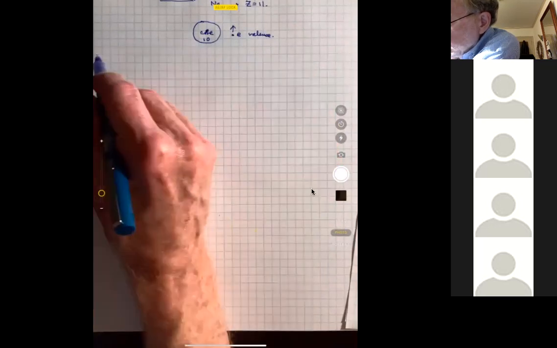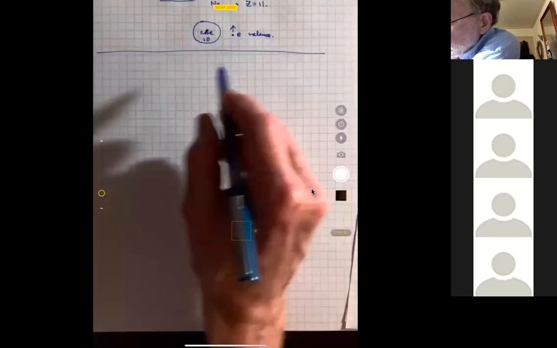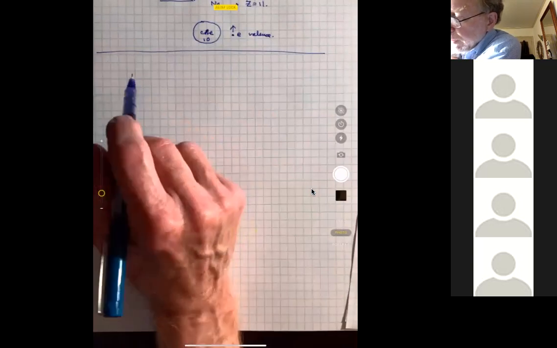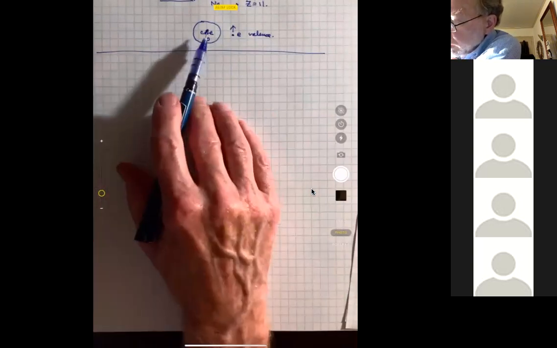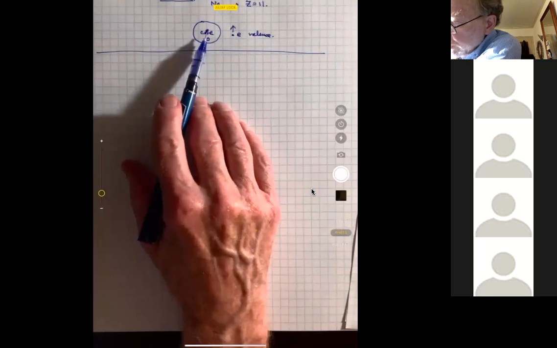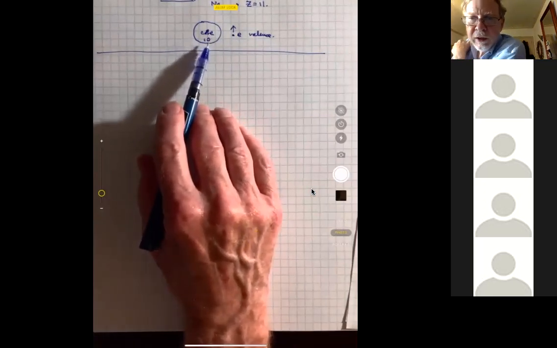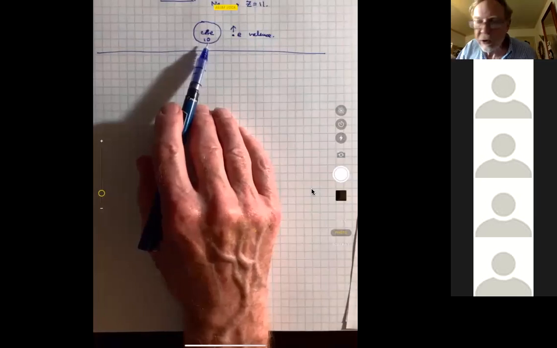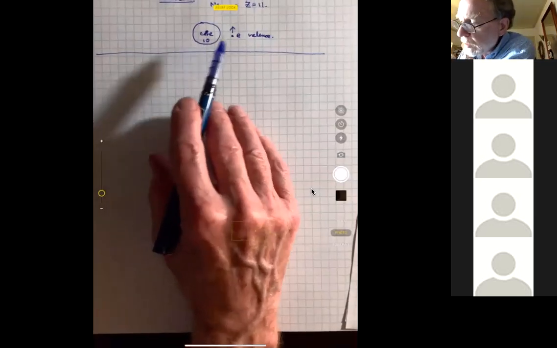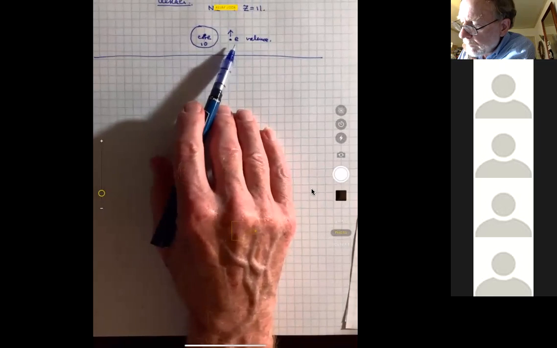So in sodium, as in other alkalis, there is a model that can be used in which we take the atomic core consisting of the nucleus and the core electrons and treat it as if it's a spherically symmetric distribution of charge in which the single valence electron is orbiting.